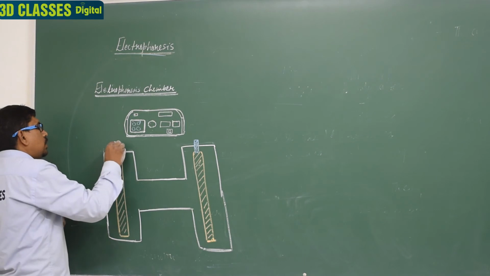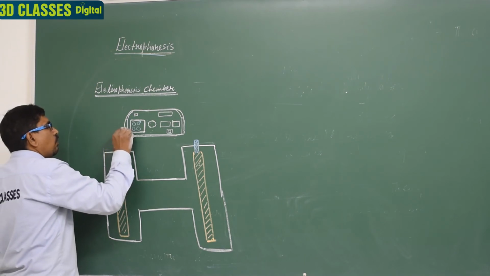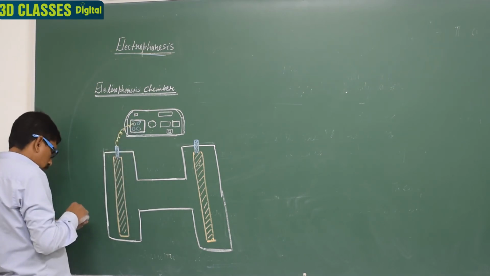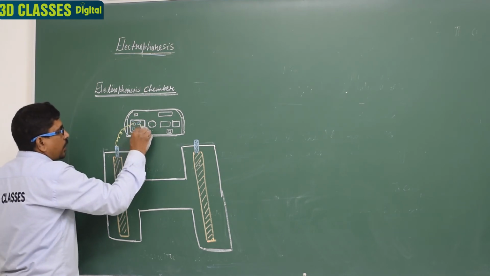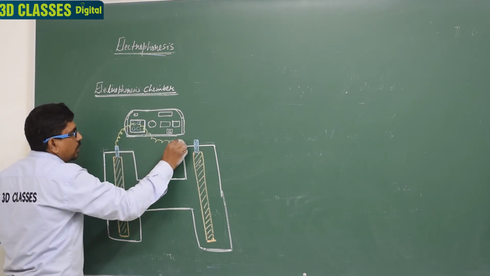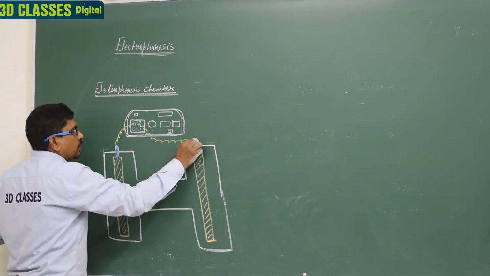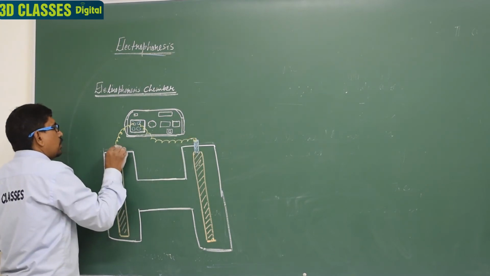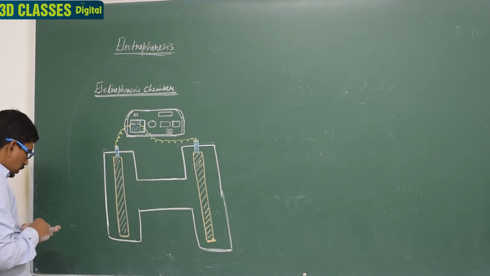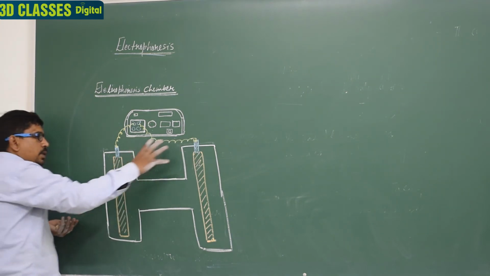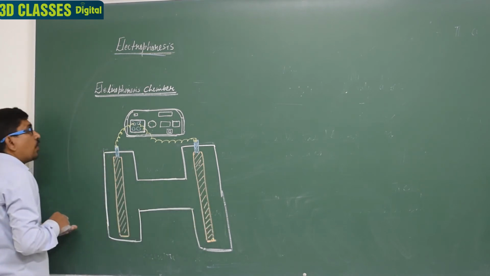And this one is joined with a wire, and here the second one is joined with this one. Clear? So this is a chamber, the electrophoresis chamber.